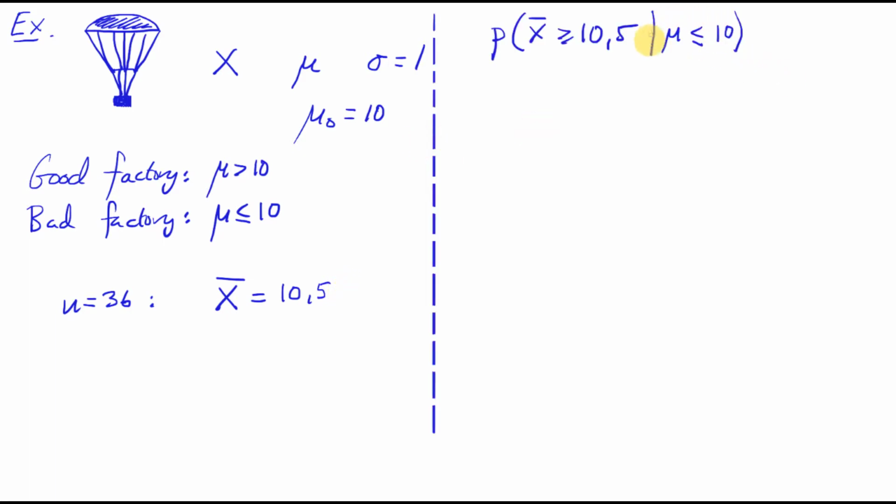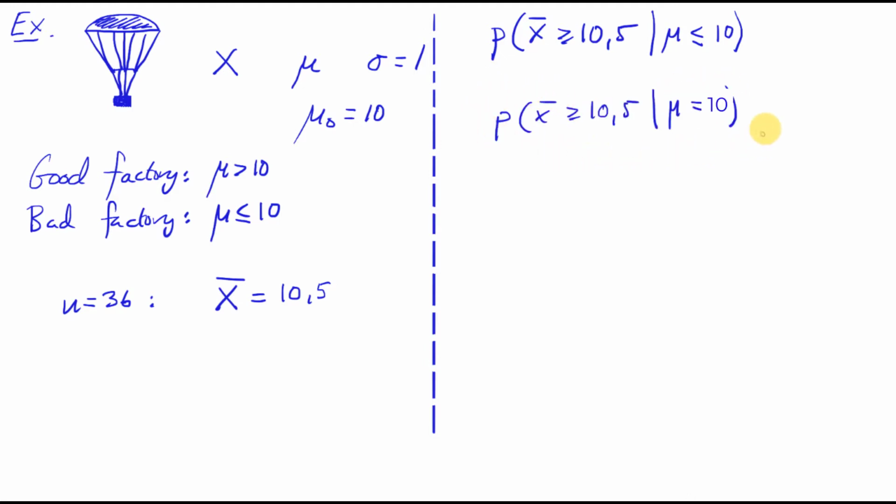The probability that the bad factory will give a sample larger than or equal to the one we got is this. And this probability is the largest when the factory is as good as it can get among those bad factories. So when the expectation value is equal to 10. So the factory is at the border between good and bad.